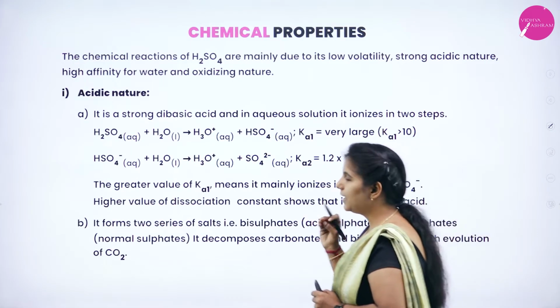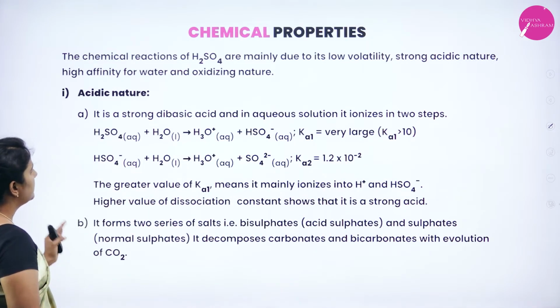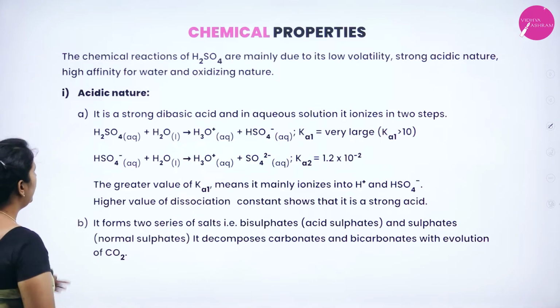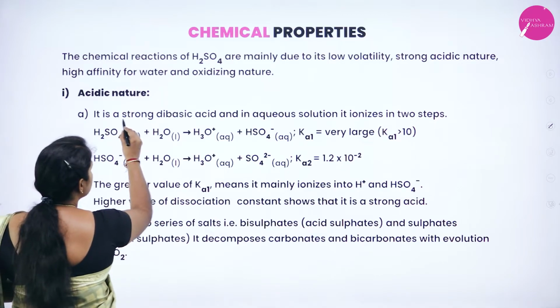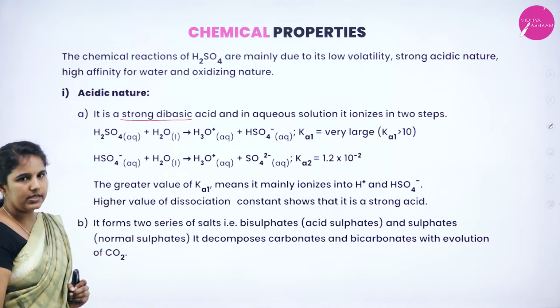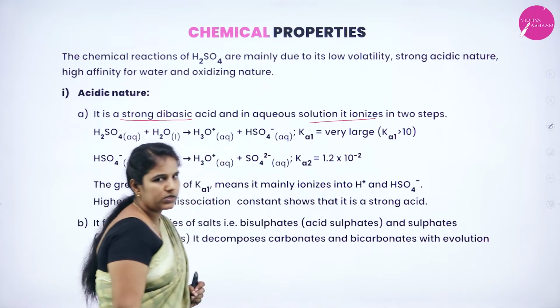Next we have the chemical properties of sulfuric acid. Okay, first we will go with the acidic property. Sulfuric acid usually acts like a strong dibasic acid, and in aqueous solution it ionizes in two steps.